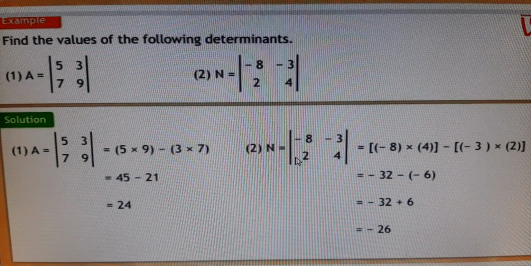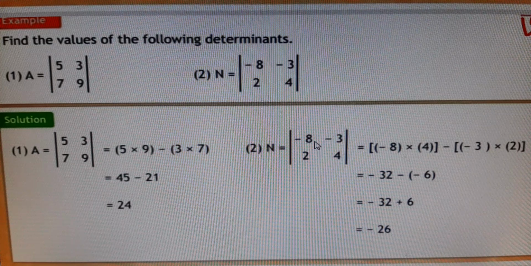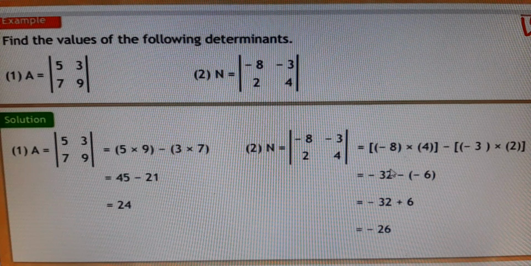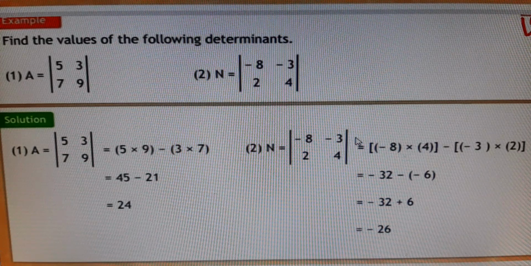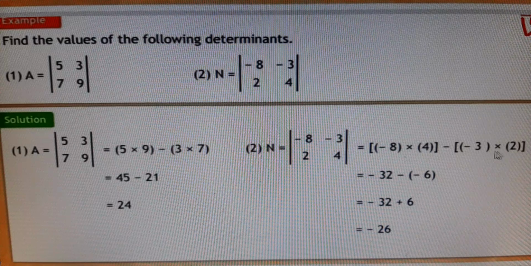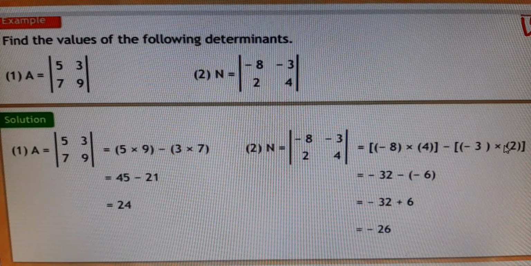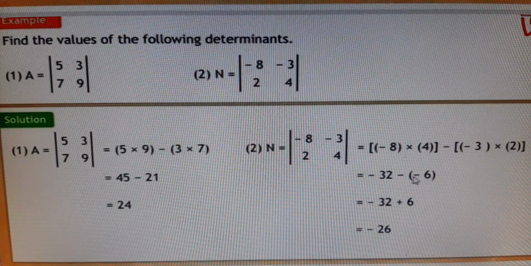Now see here, next example, minus 8, minus 3, 2, 4. Now again cross multiplication, first bracket minus 8 multiplied by 4. It becomes minus 32, because a negative and a positive number give a negative answer. Then minus 3 multiplied by 2, minus 3 into 2 becomes minus 6, and this has the formula's minus sign.